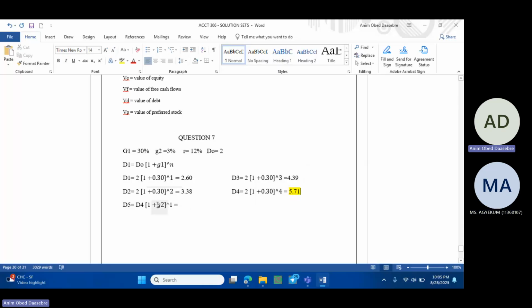So to get your year 5 upwards dividends, from year 5 towards infinity, it will be the D4 dividend multiplied by 1 plus G2 exponent 1, right?